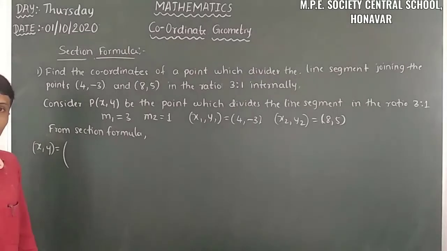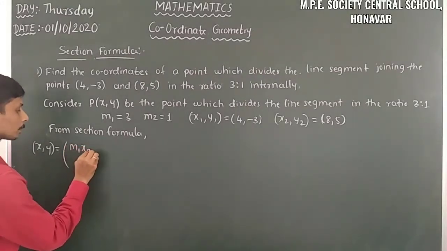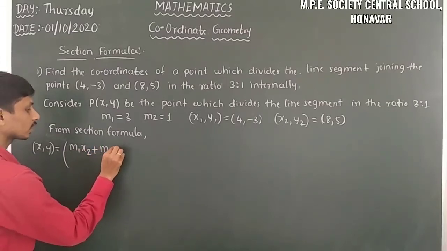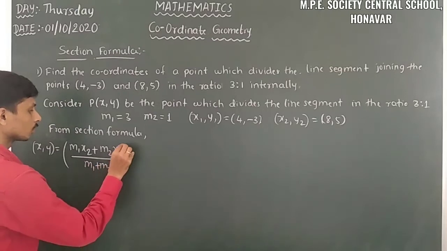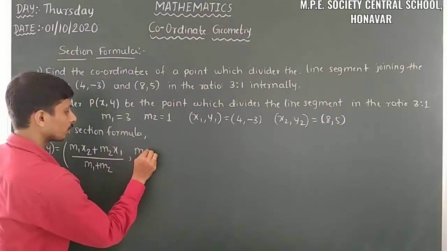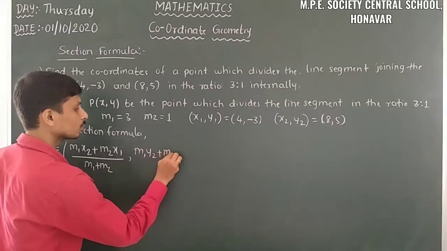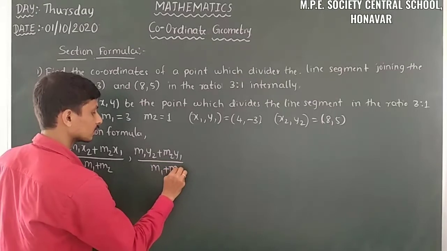So what is the section formula here? x comma y is equal to m1 x2 plus m2 x1 divided by m1 plus m2, and m1 y2 plus m2 y1 divided by m1 plus m2.